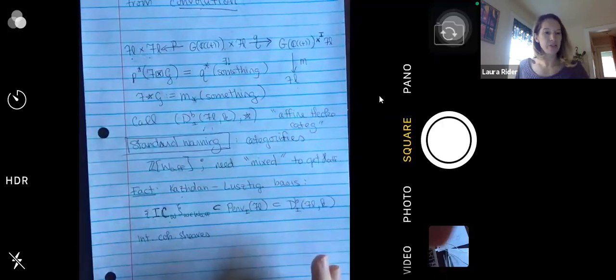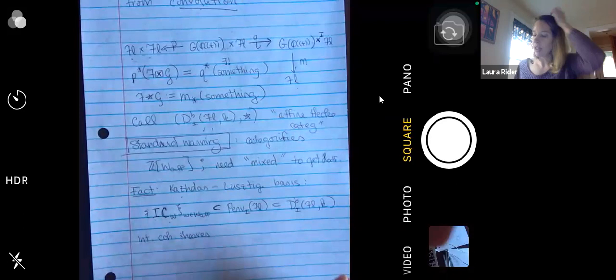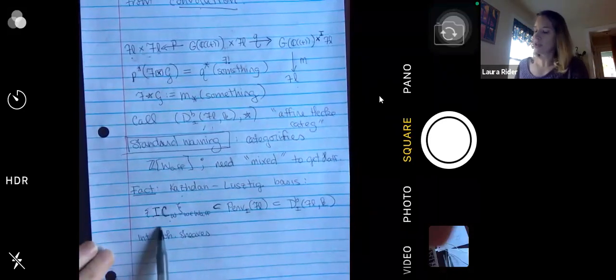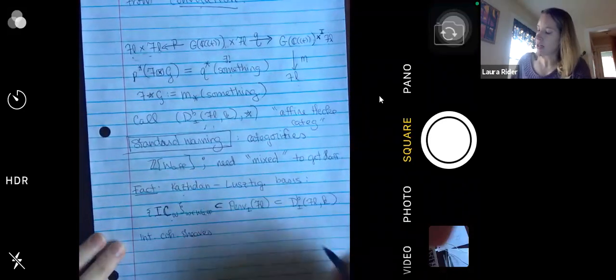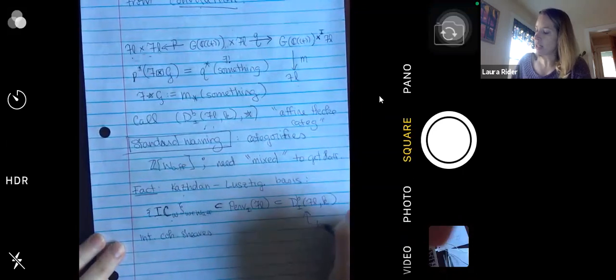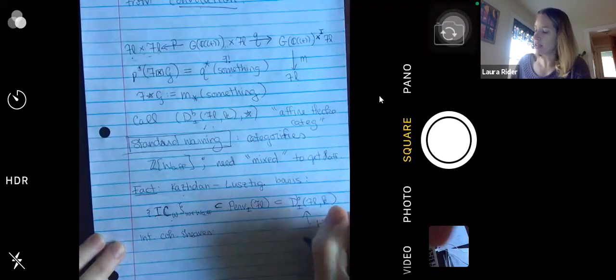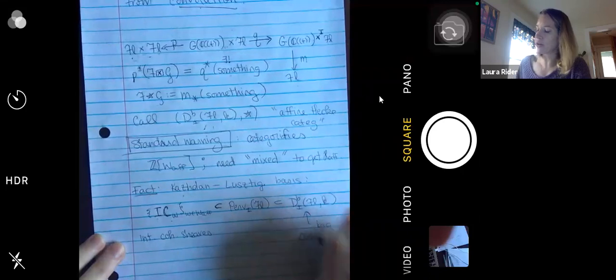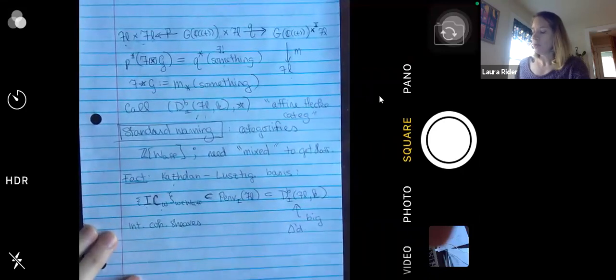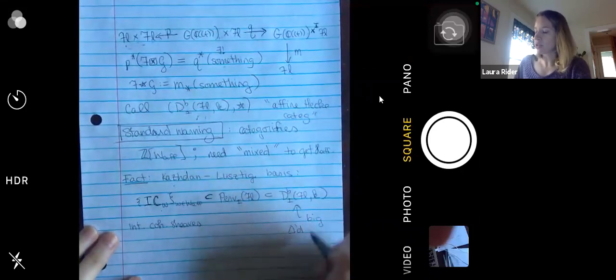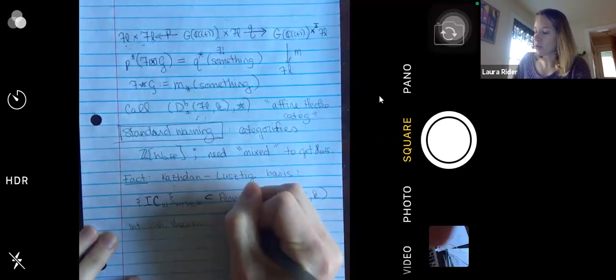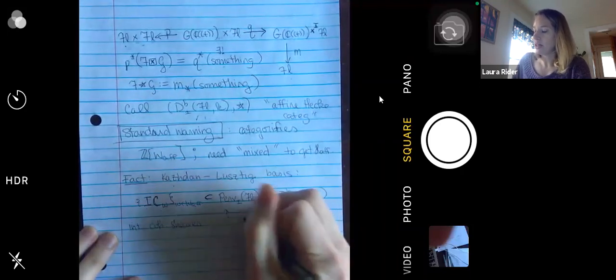So I don't want to say too much about that here. What's important for you to know is that this is a big category, and it's an example of a triangulated category, which means it has distinguished triangles. And then this perverse subcategory is much smaller.